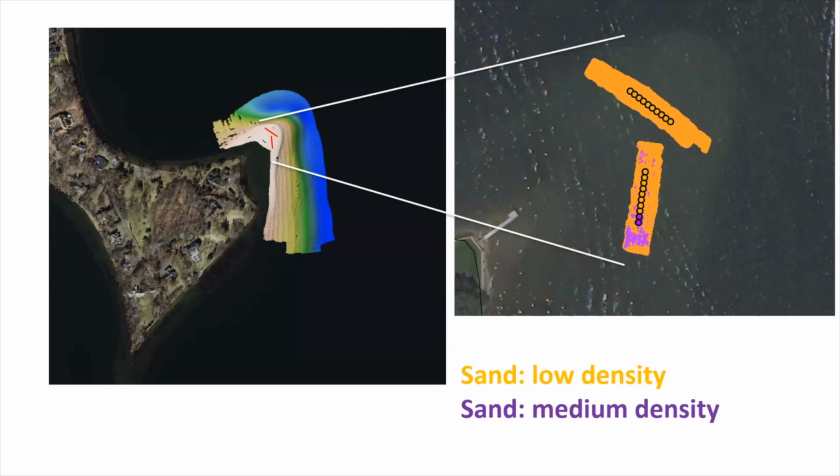And so what you can see, one of the transects was classified by the scuba diving team as sandy substrate with very low zebra density, while the other transect was still sand, but had some areas of higher or medium density zebra mussels. And when we combined our acoustic backscatter information with our substrate model, we were able to map those areas of higher mussel density.